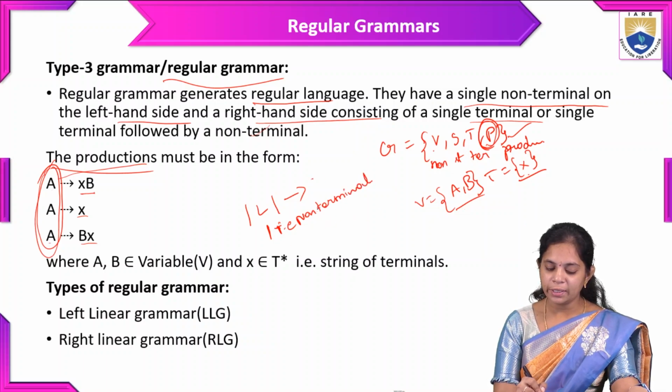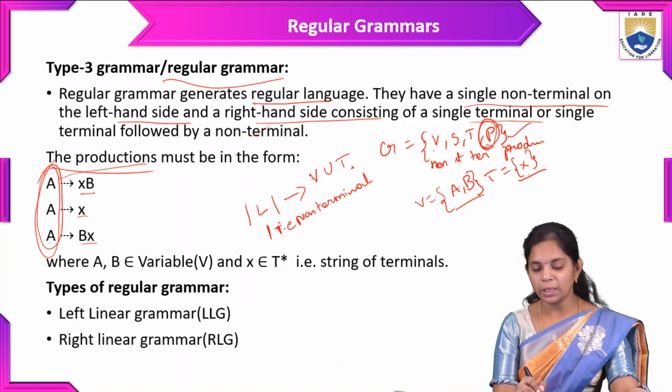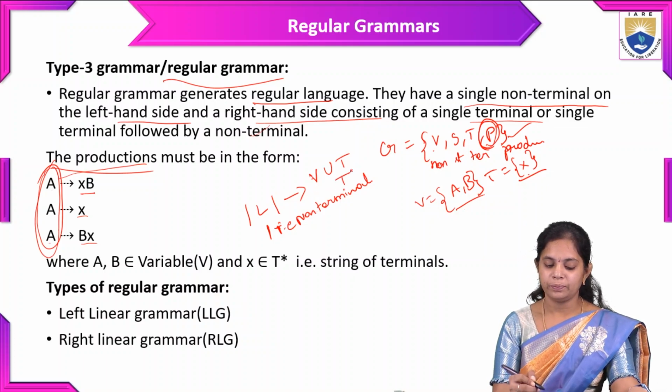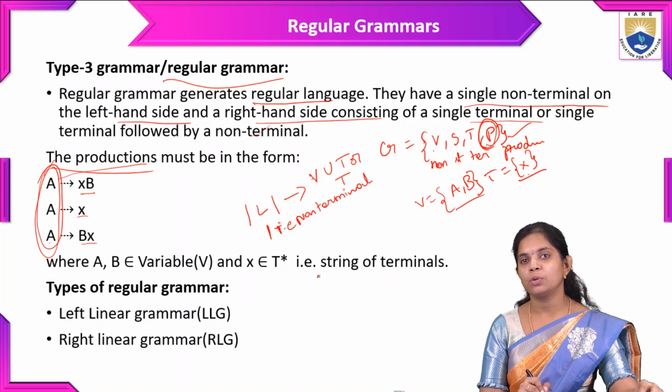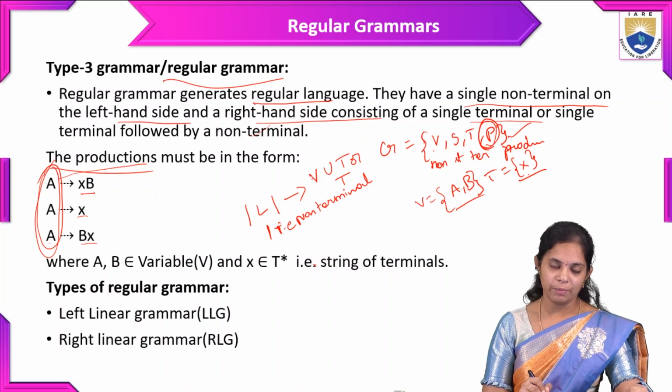And the right hand side is a combination of V union T, or only T. So these are the possibilities of the production rules for the type 3 grammar.